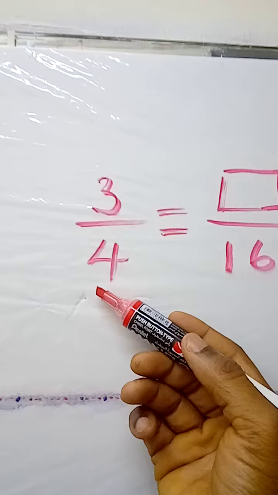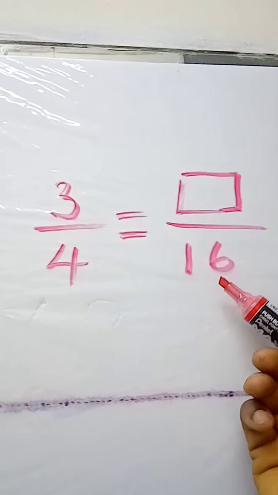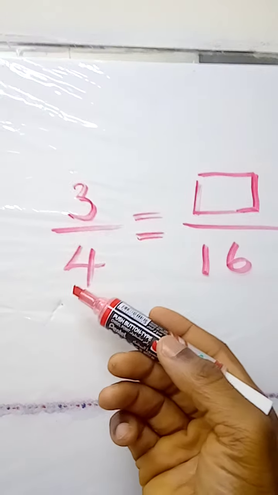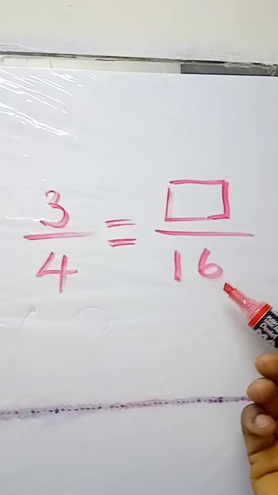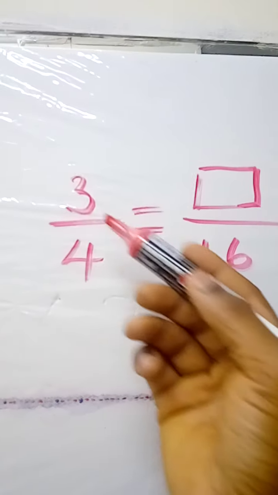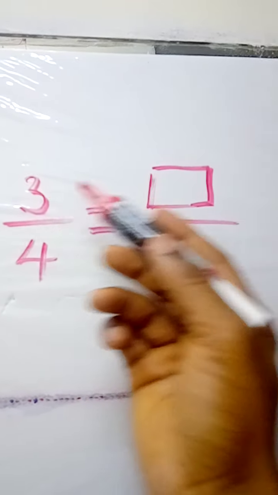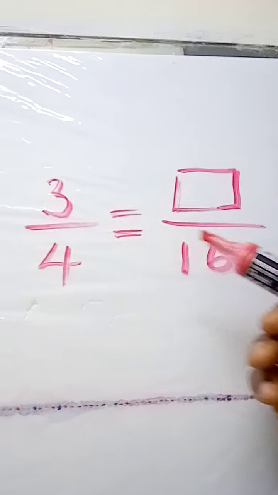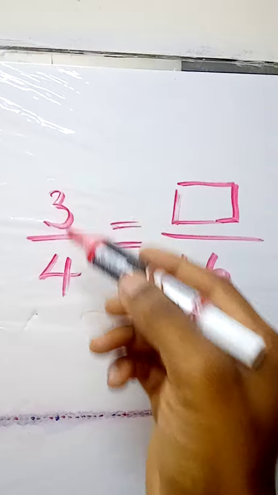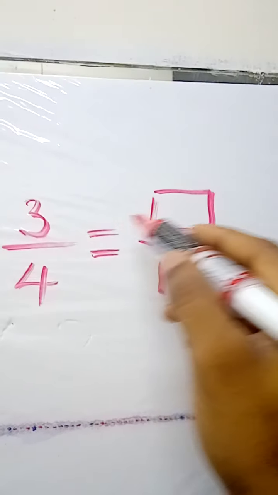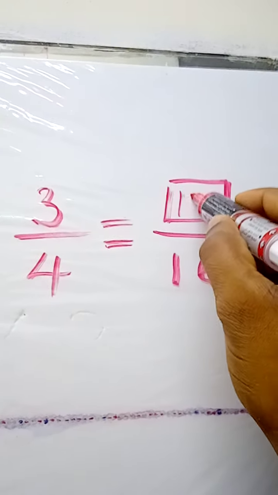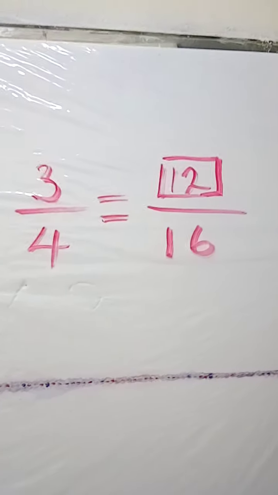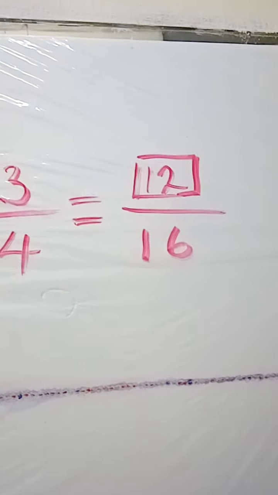We observe that we multiplied 4 by 4 to get 16. Therefore, we also have to multiply the numerator by 4 to satisfy the equation. So 3/4 is equal to 3 times 4, which is 12. So 3/4 is equal to 12/16.